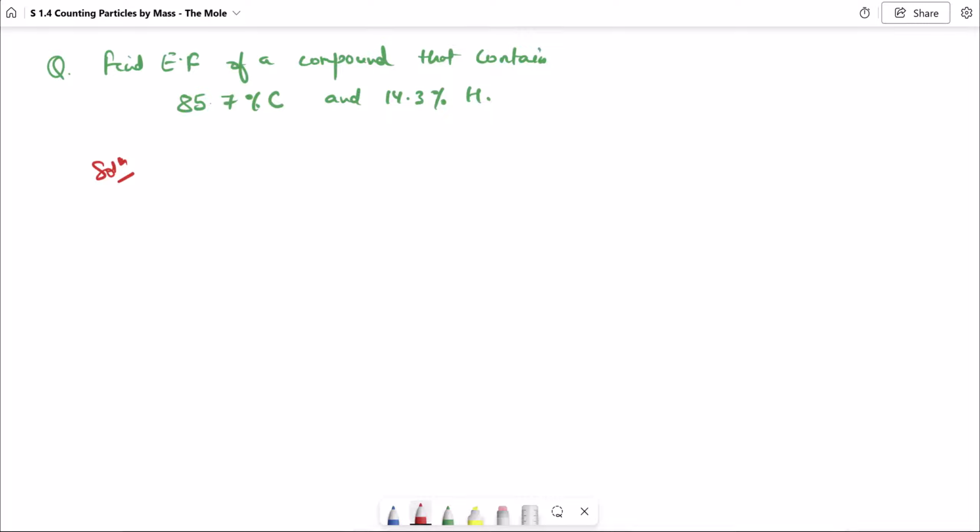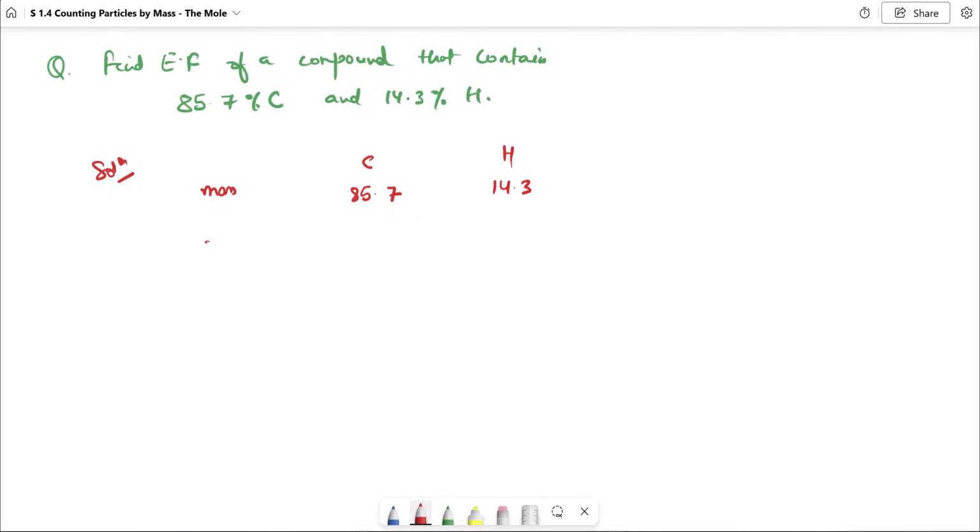So note that these percentages which are given can be considered as mass, right? So mass for carbon and hydrogen, carbon is 85.7, this is 14.3, right? So we have got the mass.